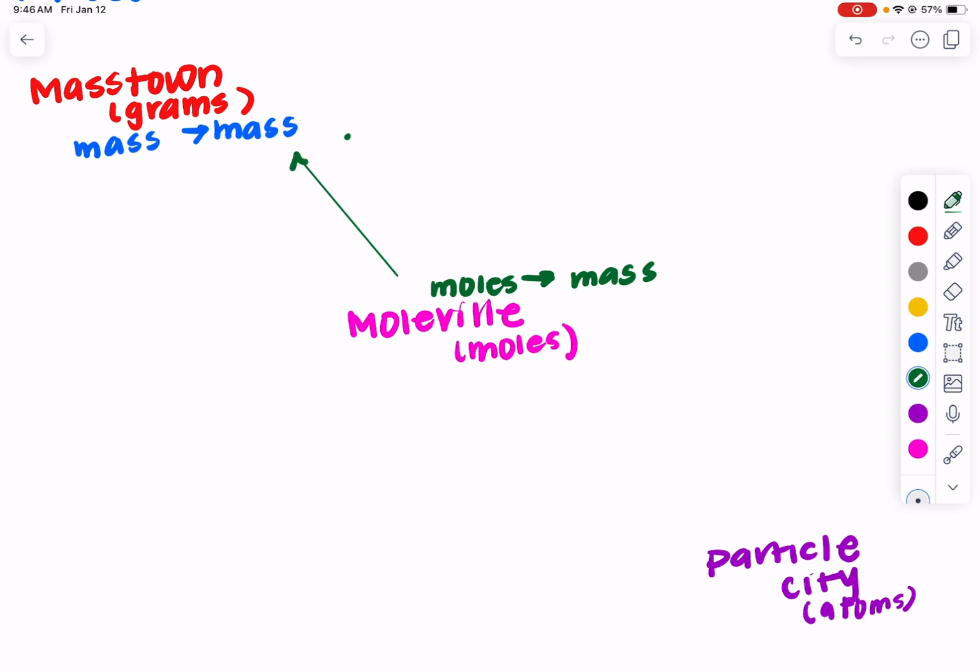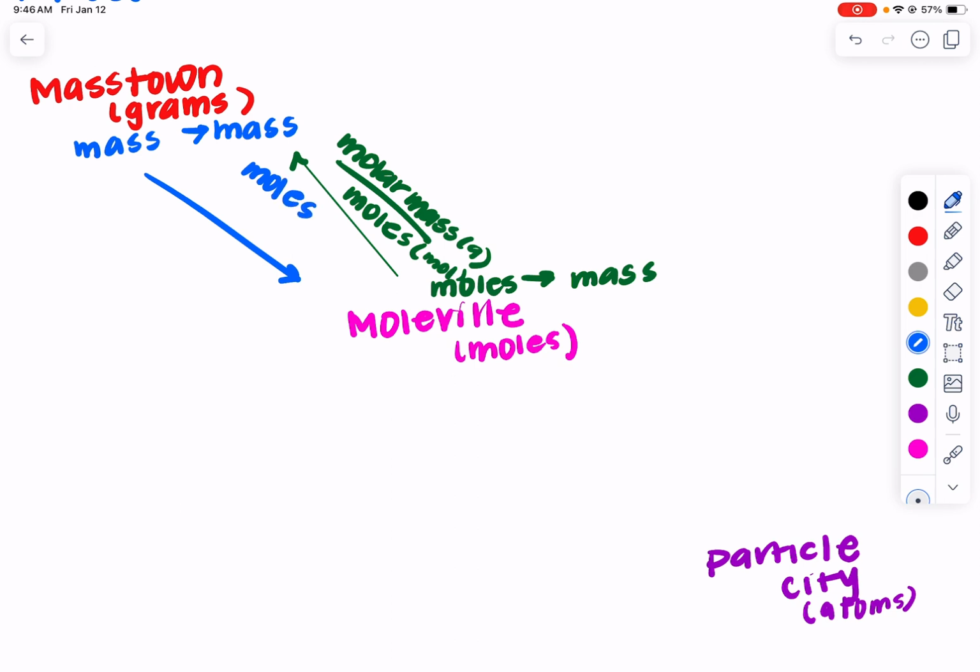The molar mass would have to go on top, which is grams, and we divide that by the number of moles that we have. And if we wanted to go from mass to moles, we'd do exactly the opposite. We'd put the number of moles on top and the molar mass on the bottom.